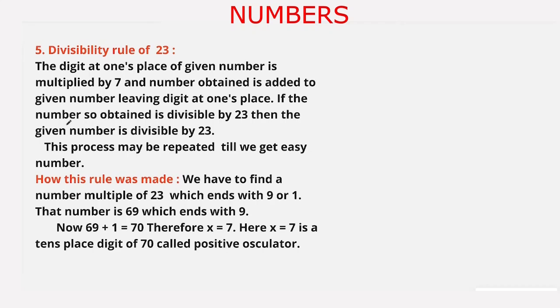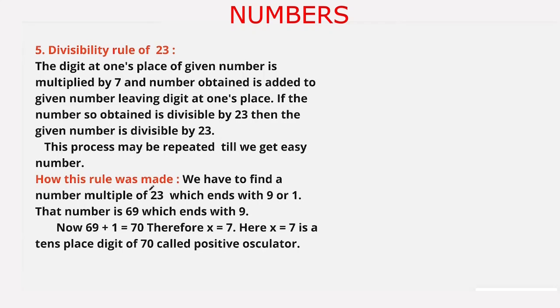If the number so obtained is divisible by 23, then the given number is divisible by 23. This process may be repeated till we get an easy number.